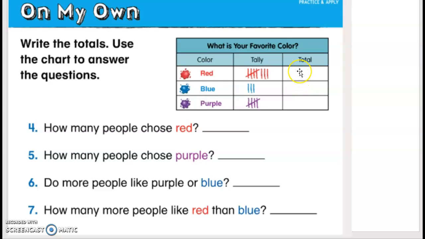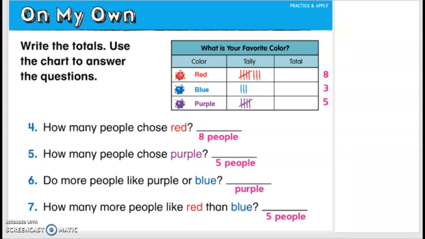Let's take the number of people that like red and subtract the number of people that like blue. You can see right here, 8 minus this 3. I will have 5 left over. That would be 5 people that like red more than blue. Let's check our answers. Hey, we got them all right.